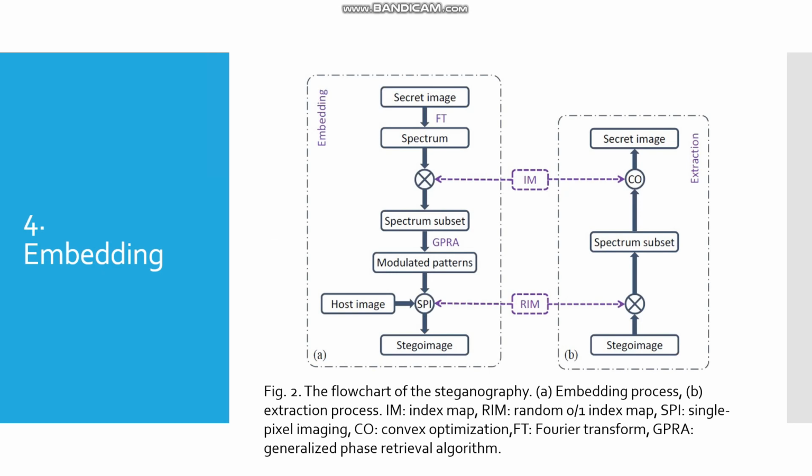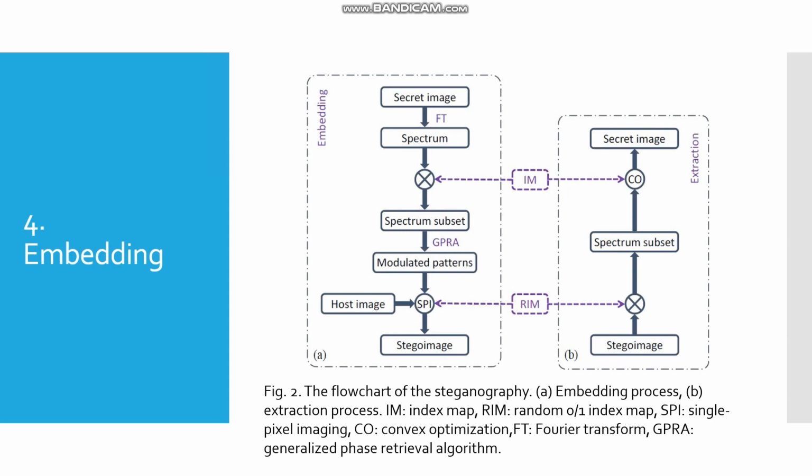We will be restricting the spectrum and converting it to numerical data by using index mapping, and will be generating a subspectrum, or you can say a spectrum subset. From that spectrum subset, using the generalized phase retrieval algorithm, we will be converting it into a modulated wave pattern. Then that modulated wave pattern will be randomly index mapped and projected on the host image to generate the stego image.